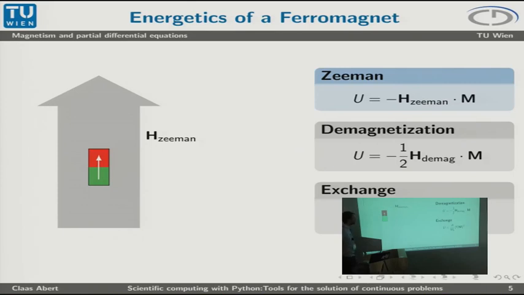The most simple contribution is the so-called Zeeman energy. Every magnetic dipole likes to be aligned in parallel to an external field. The external field points in this direction, and the elementary magnet likes to stay aligned in parallel. Anti-parallel would be very bad for the energy.